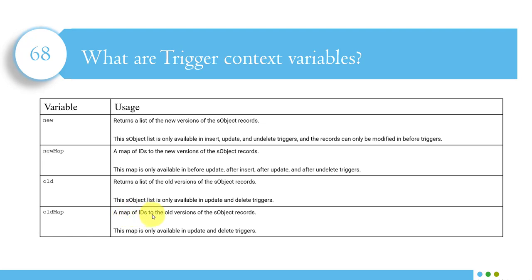oldMap is a map of IDs to the old versions of the records. So here you're reading old version, new version. What is this old version and new version? For example, I have opened an account.